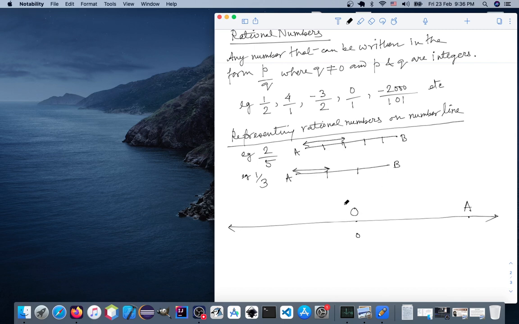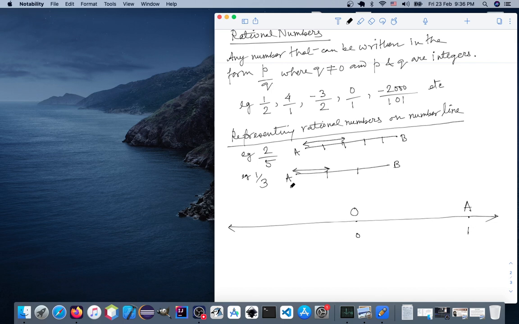Now, to represent 2 by 5, this is 0 and this is 1. Label O denotes the value 0, and point A denotes the value 1.